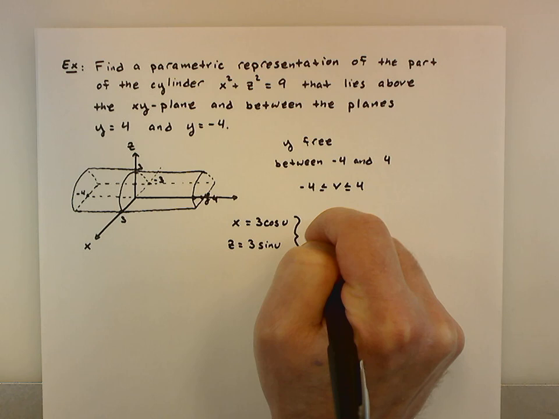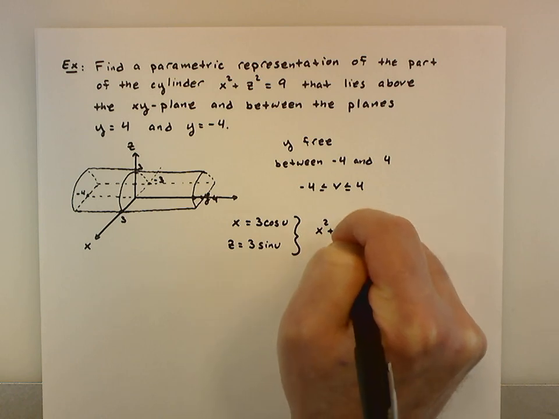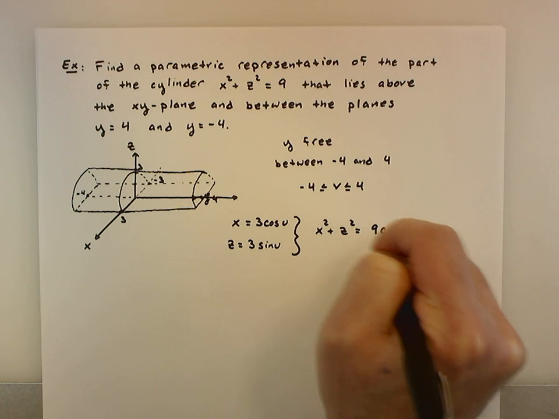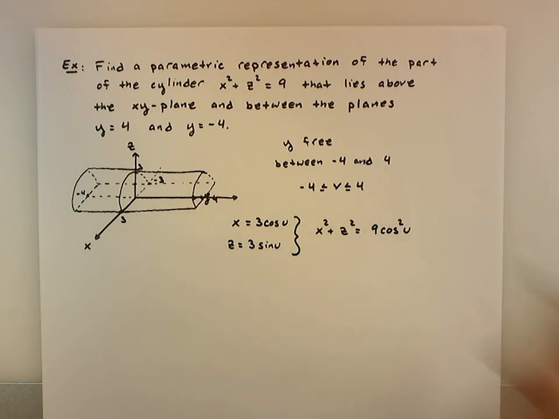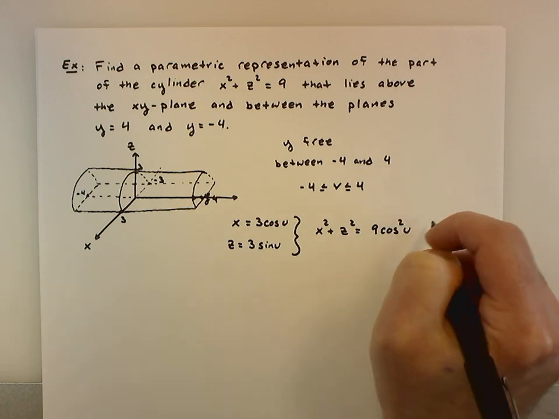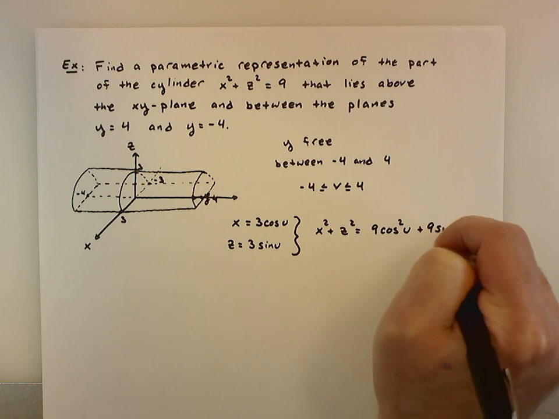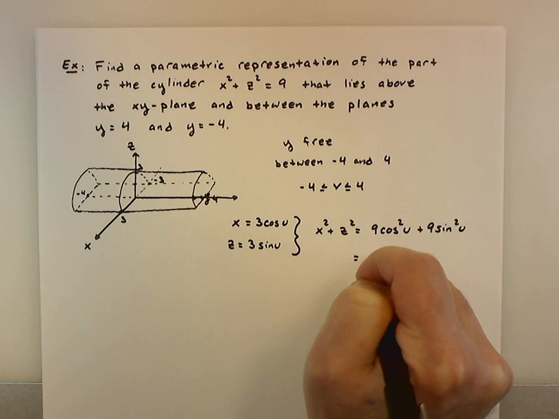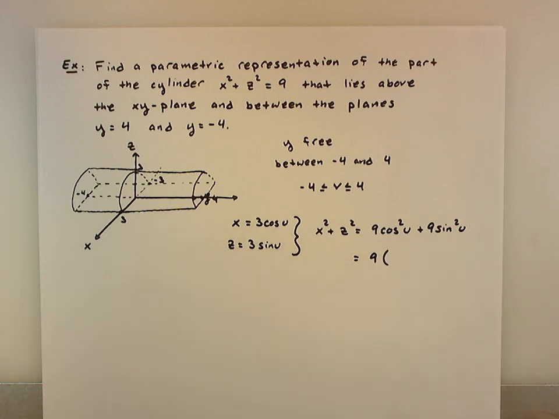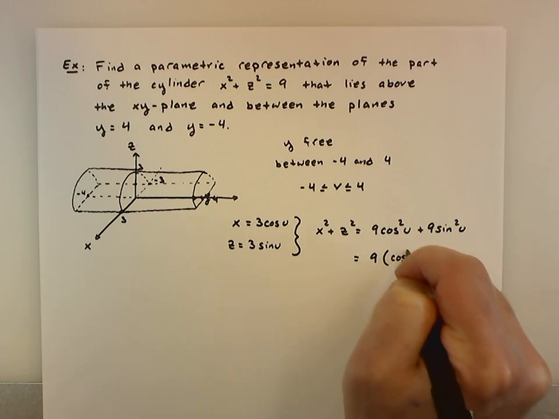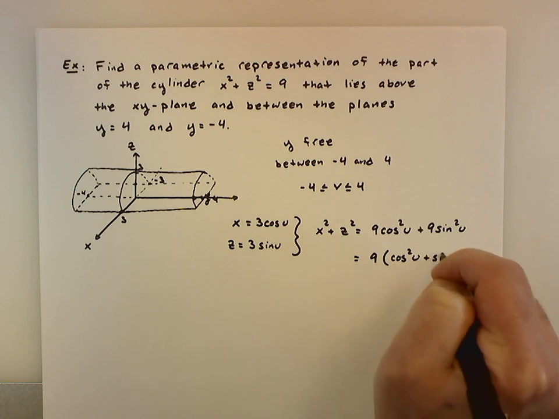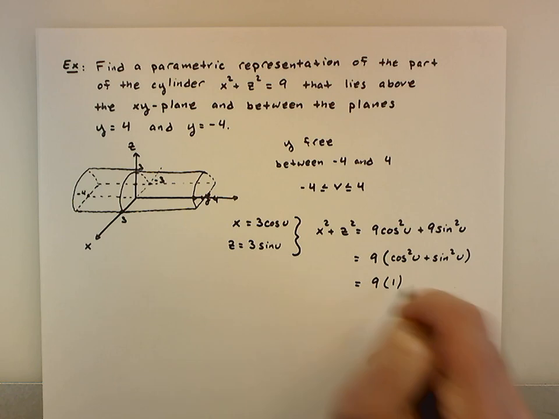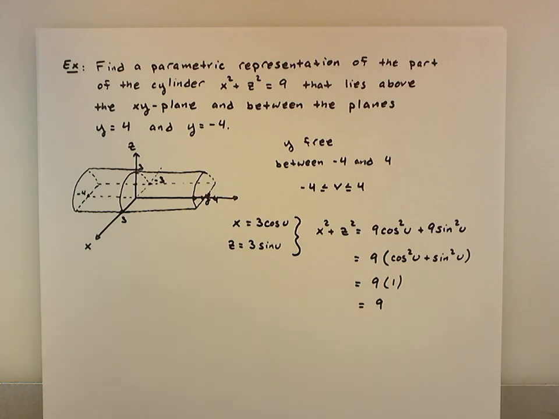So x squared plus z squared is equal to 9 cosine squared u plus 9 sine squared u, which is equal, if I factor out a 9, to 9 times cosine squared u plus sine squared u, which is equal to 9 times 1, or 9.